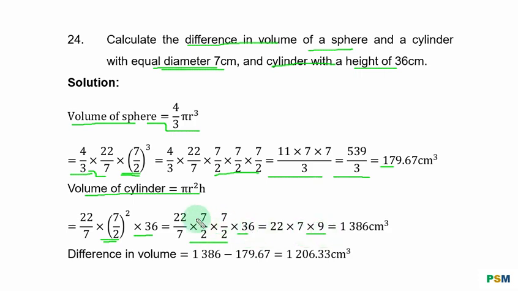So you have 22 times 7 times 9, and that is 1,386 cubic centimeters. Difference in volume is equal to, you start with the higher value, that is volume of cylinder minus volume of sphere, and you have 1,206.33 cubic centimeters.